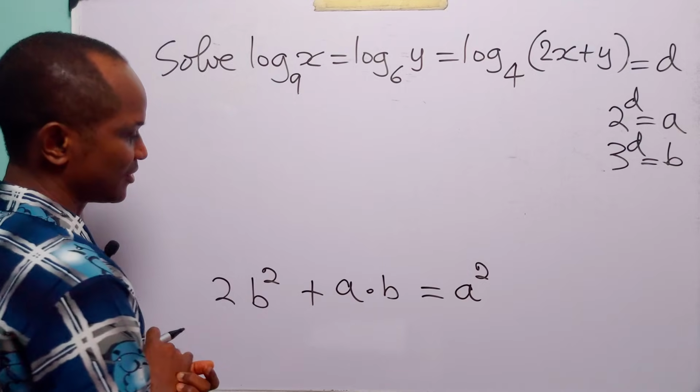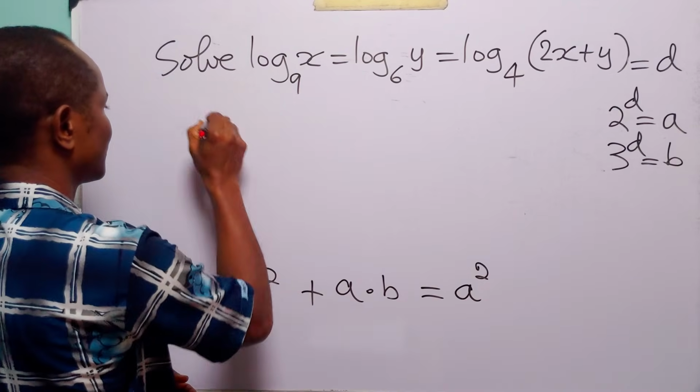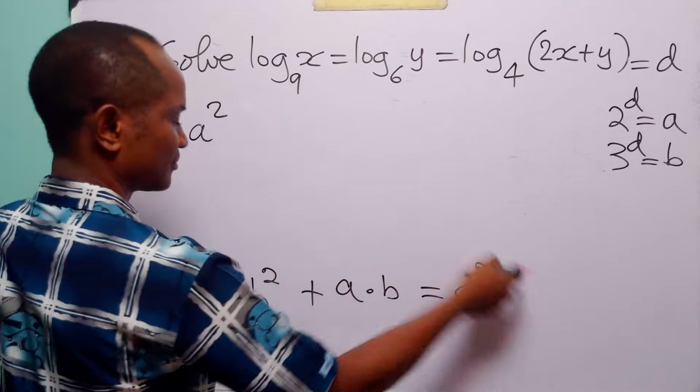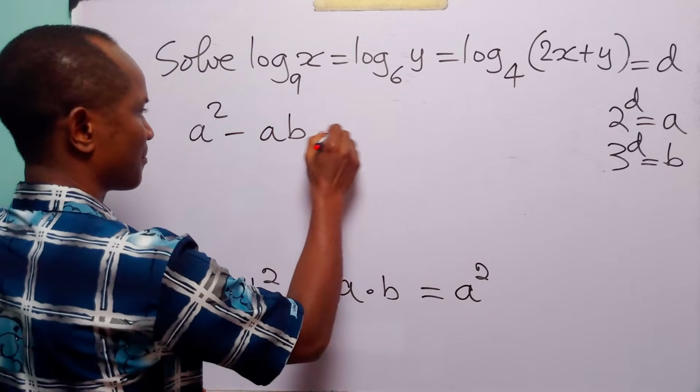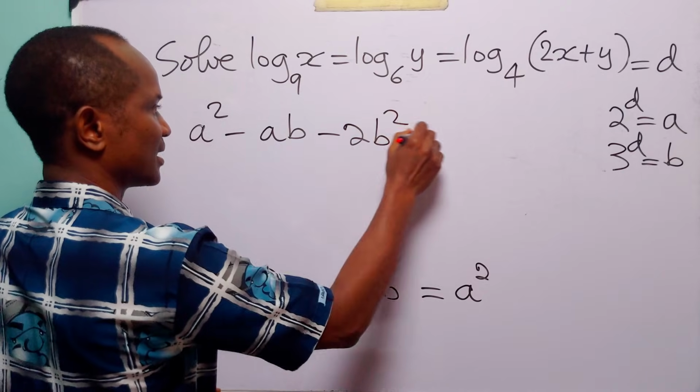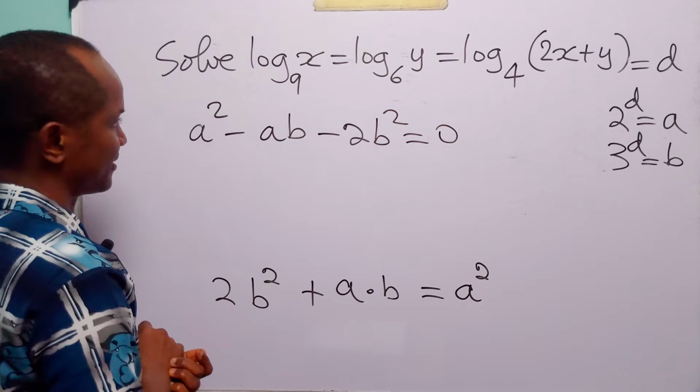And rearranging this equation, we have a squared minus ab minus 2b squared is equal to 0.